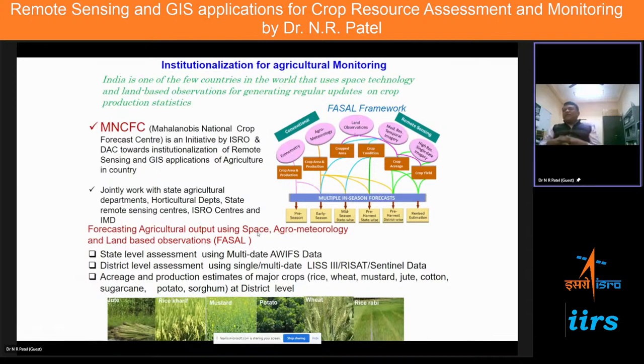For any activity under open sky, weather has a main role to play. Weather determines the season of the crop, and weather determines the condition of the crop also. So if we integrate weather along with the observation, then we can monitor agriculture nicely with space along with weather, agrometeorology and land observation.